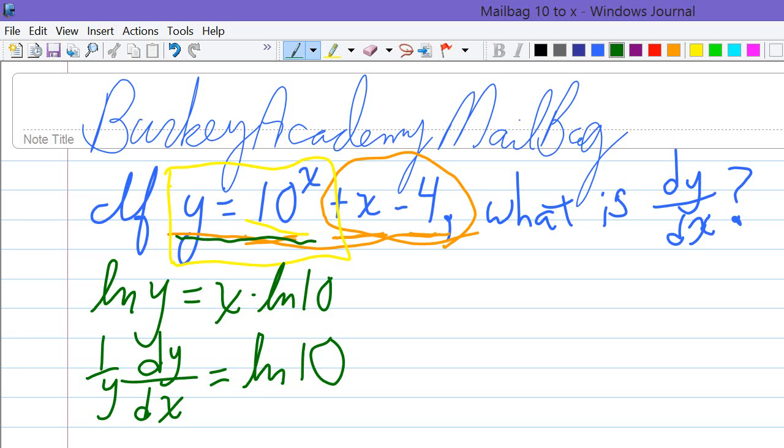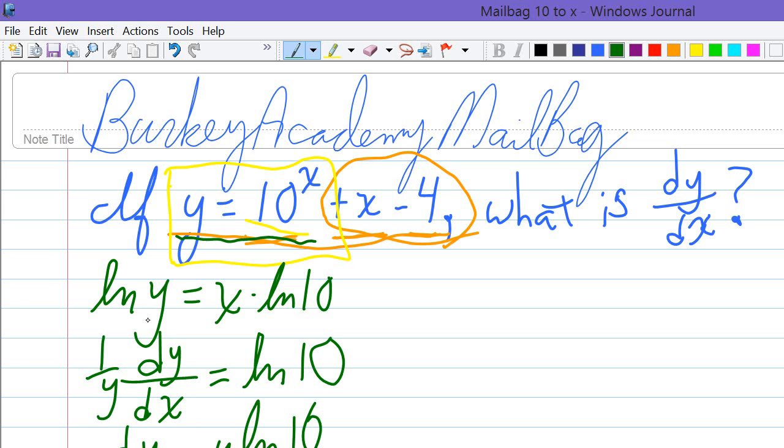And now, what we're really looking for, though, is dy dx equals something. So we have to move that 1 over y, multiply both sides by y, and we're going to end up with this kind of thing. dy dx equals y times the natural log of 10. And the last step is to say, look, we don't really want the y there. We want x's.